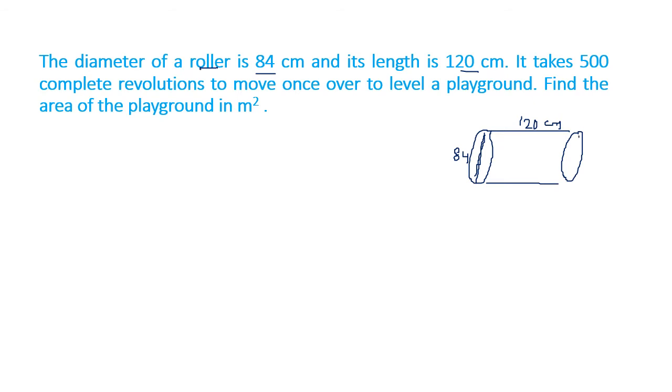Now it is turning round. It takes 500 complete revolutions to once level a playground. Find the area of the playground in meter square. Remember, in meter square.